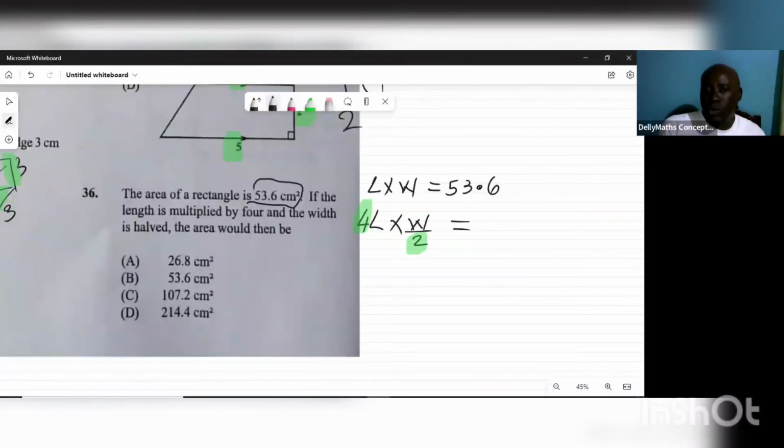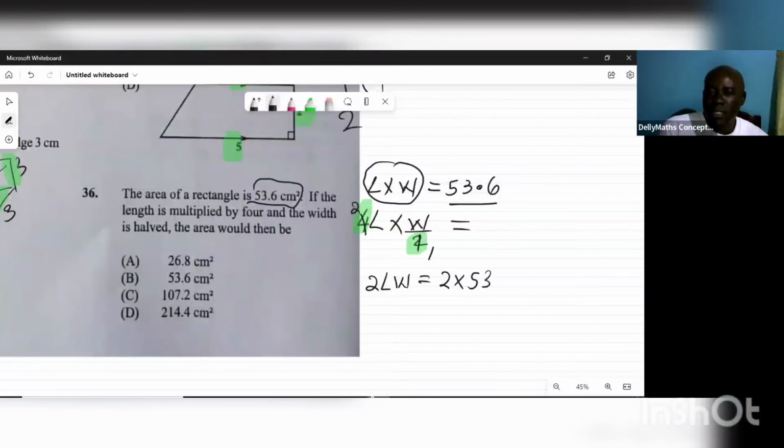When you multiply things, you can look if things can cancel. 2 into itself 1 time, 2 into 4, 2. So at the end of the day, we get 2LW. Now, L times W gives 53.6. When you listen to what they said and make the adjustment, it comes back down to 2LW.